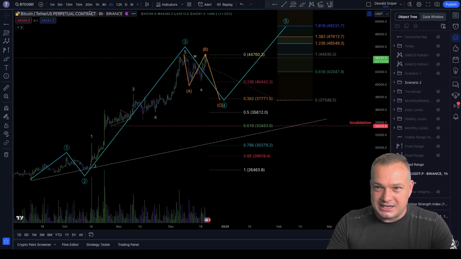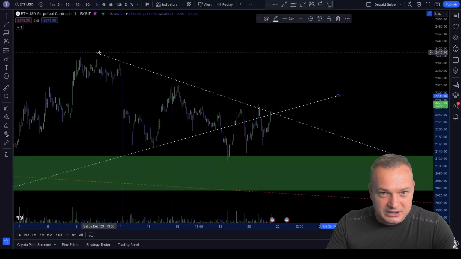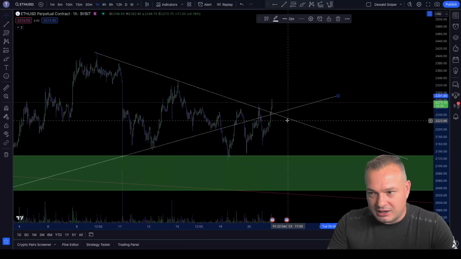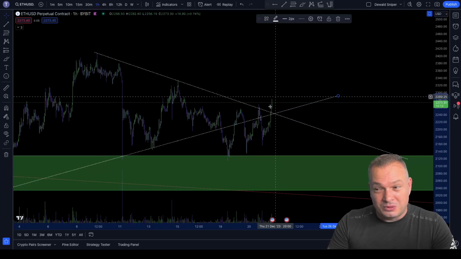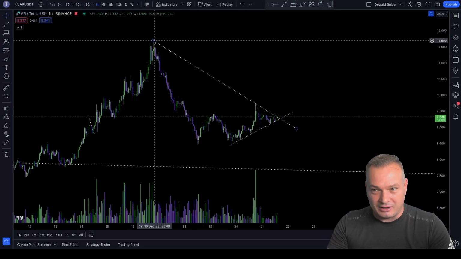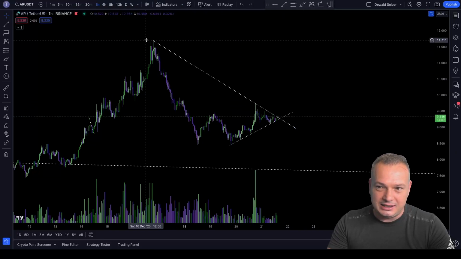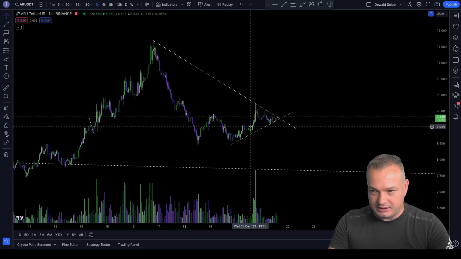Okay, also I just want to briefly go through Ethereum. You can see that I've been mentioning in my previous videos as well. Look at this beautiful trend line to the downside, finally breaking through. Is this a fake out, or will this be a continuation to the upside? Okay, once again, I moved my trend line slightly. I played this breakout, and then I moved my trend line and I played this breakout.